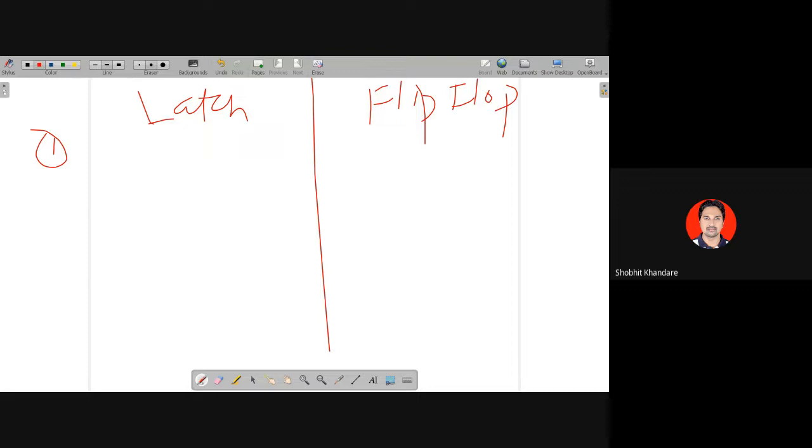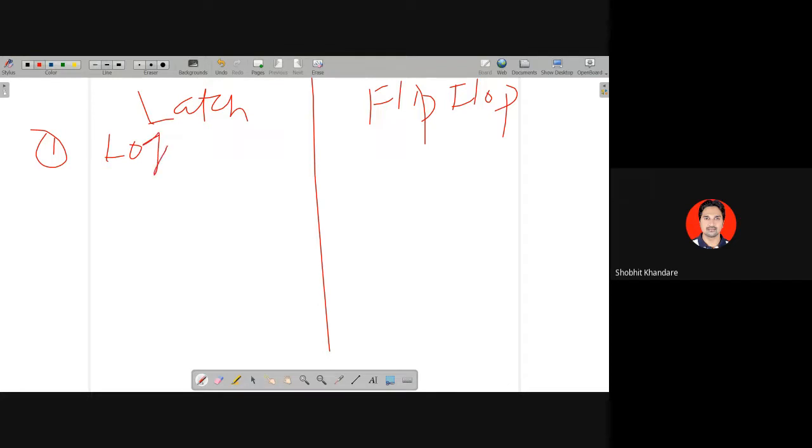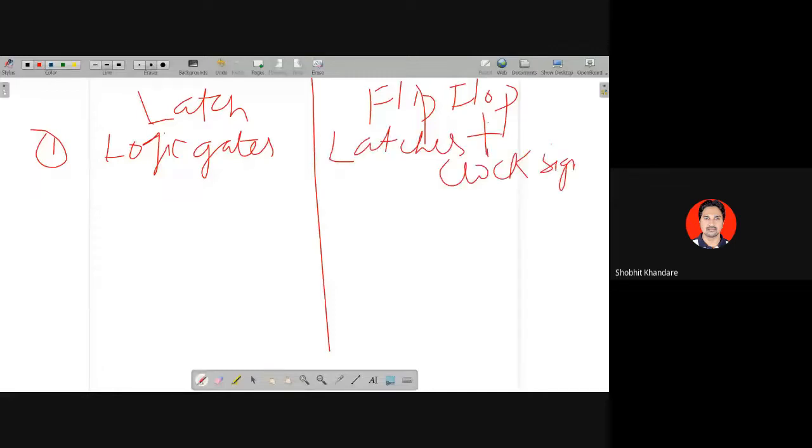Latches are constructed from logic gates, so sequential circuits are mostly made of logic gates. And flip-flops are built with the help of latches as well as a clock signal. In yesterday's lecture, we talked about the clock signal.